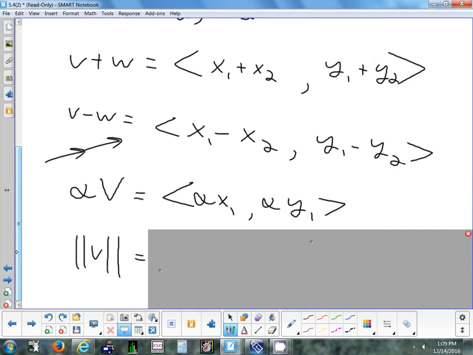So the first 3 we've done before. We did them visually. Now we're doing them with just numbers. We're not going to draw it. This we haven't done yet. I showed you what the symbol means, but we haven't done it. What does that symbol mean when you put double bars around a vector?